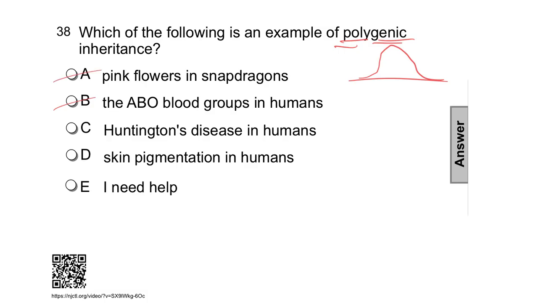That's incomplete dominance. This is codominance. Huntington's disease wasn't even discussed. Skin pigmentation in humans, skin color, so that's it. So it would be height.